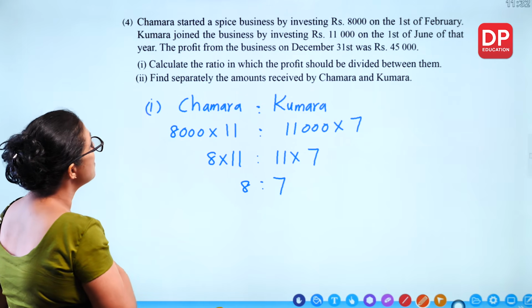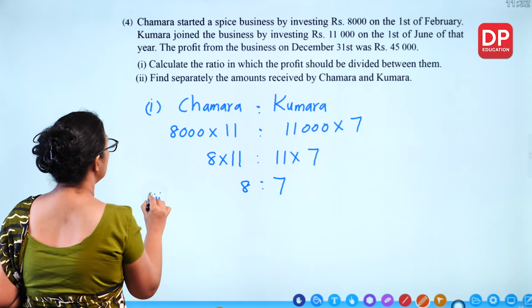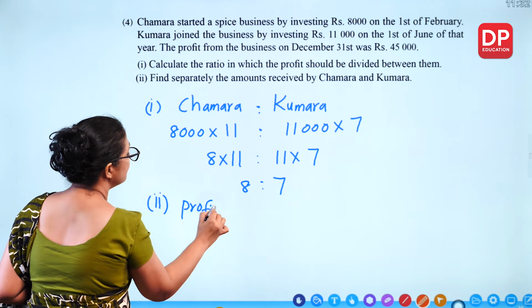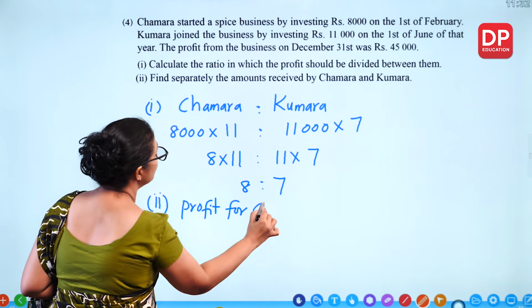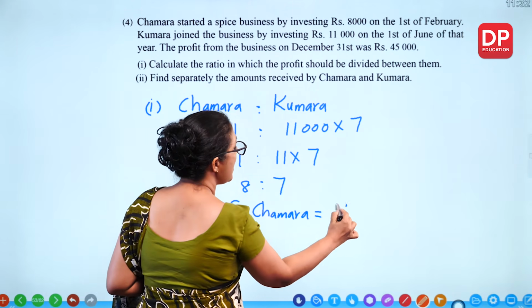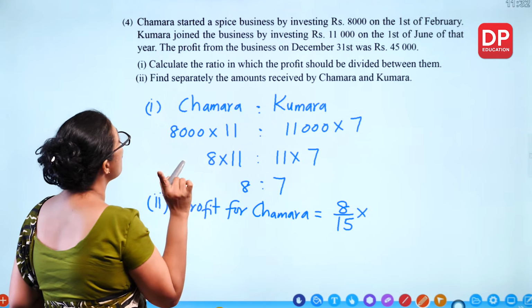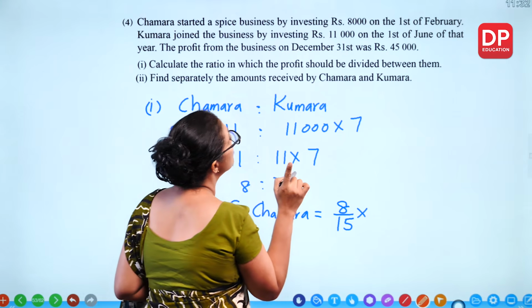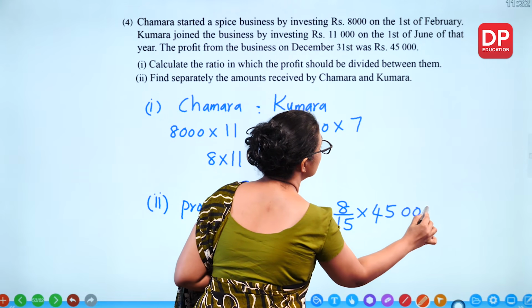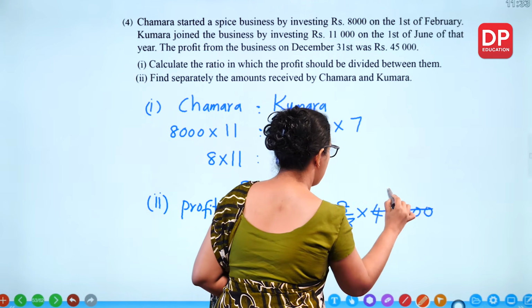Find separately the amounts received by Chamara and Kumara. So, profit for Chamara, 8 parts out of 15. And what's the total profit? 45,000. So 15 times 3.